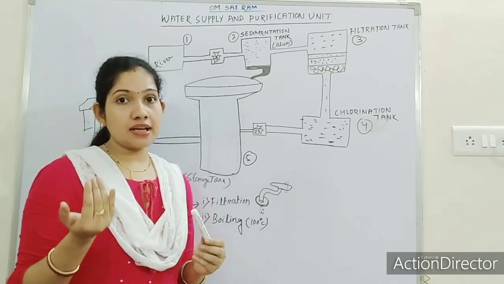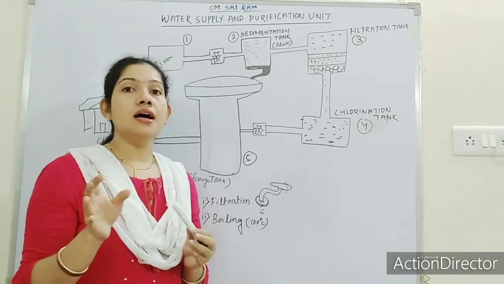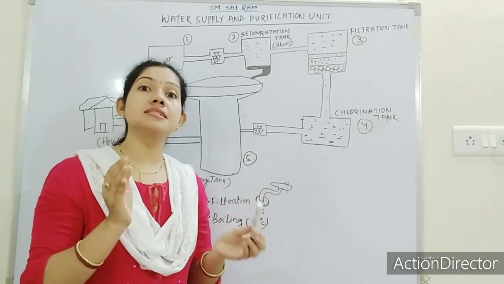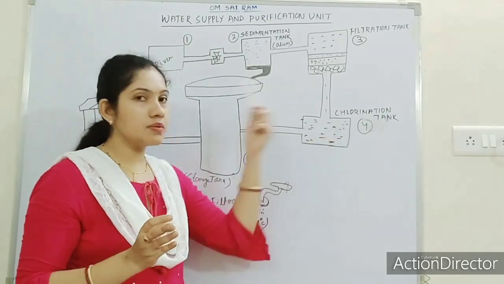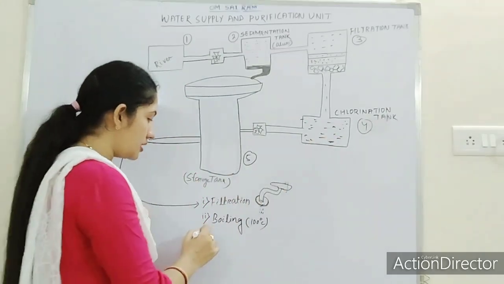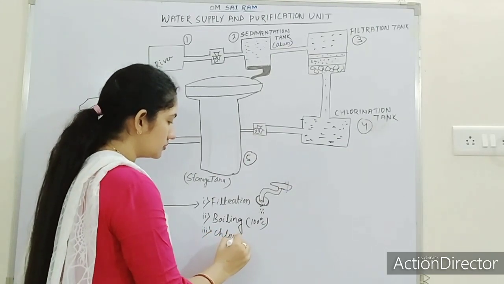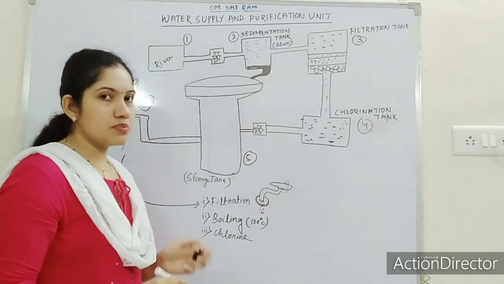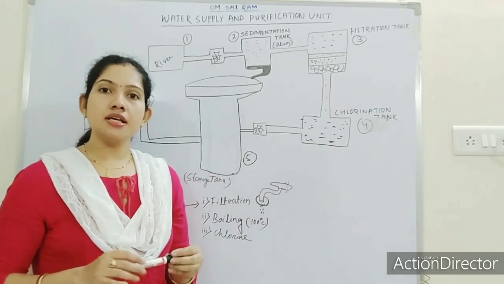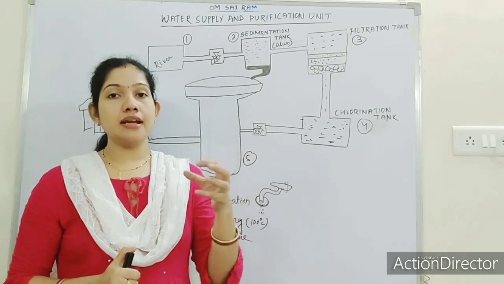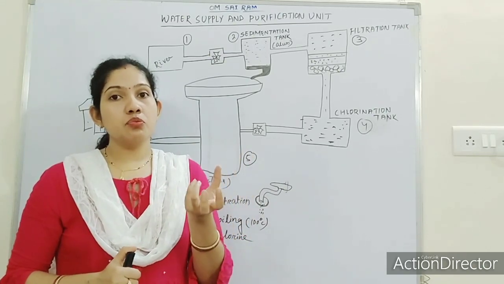Bacteria or that kind of microorganisms can be taken out from water by adding a disinfectant. What is the disinfectant? We have already discussed it: chlorine. So after boiling, we can add chlorine. Generally bleaching powder is used. You might have observed chlorine used in swimming pools, where they add bleaching powder to disinfect the pool water.